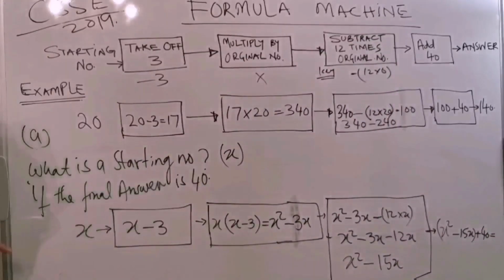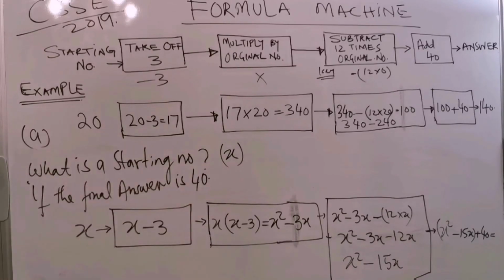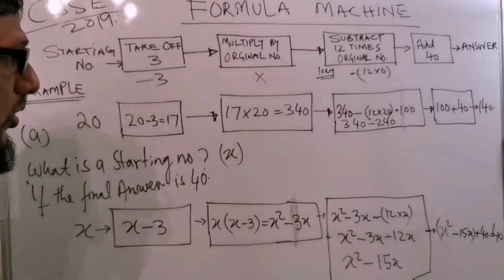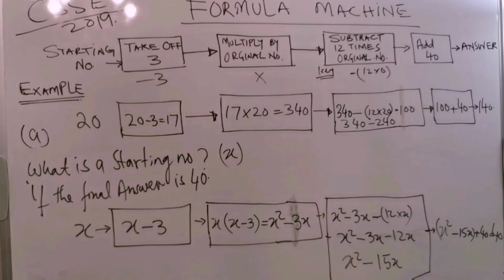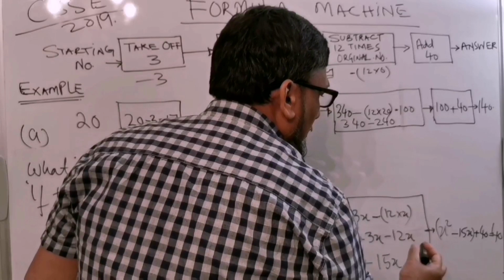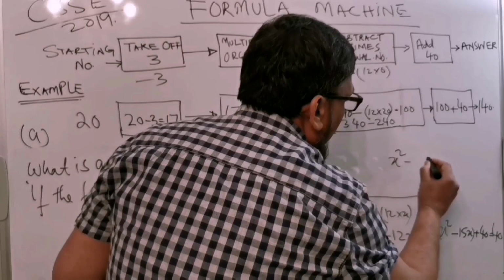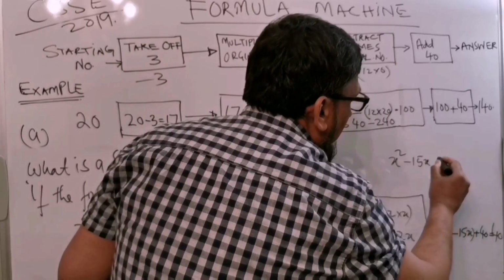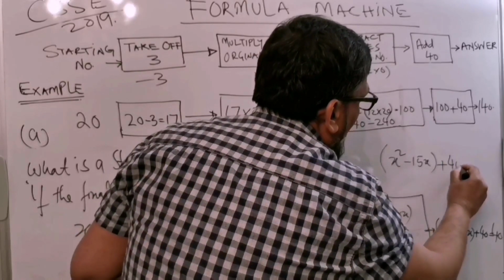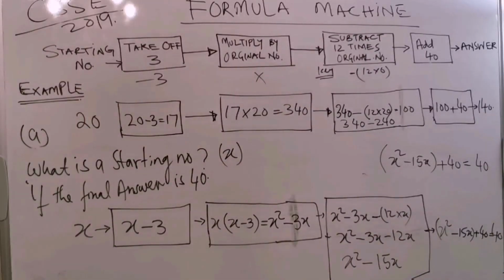And also they say, look here, if the final answer is 40, it means the answer is 40. So our final equation is x square minus 15x plus 40 equals 40. This 40 is already given.